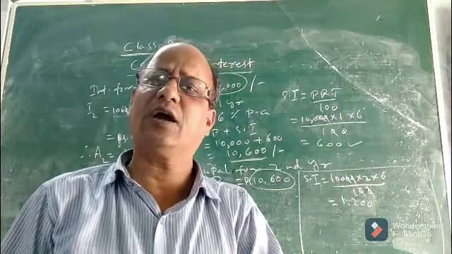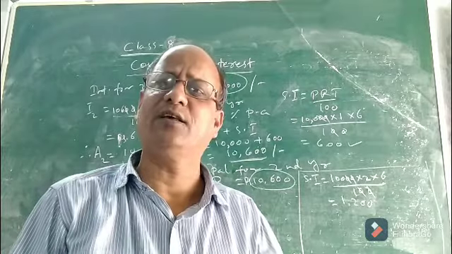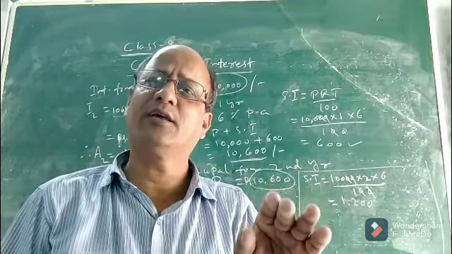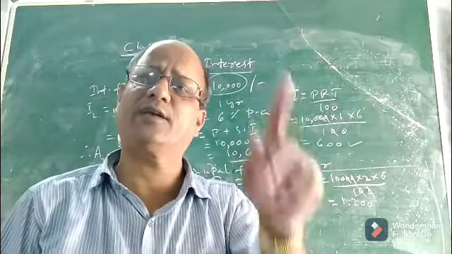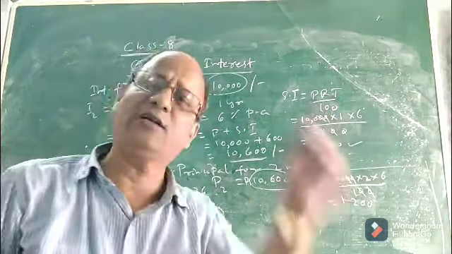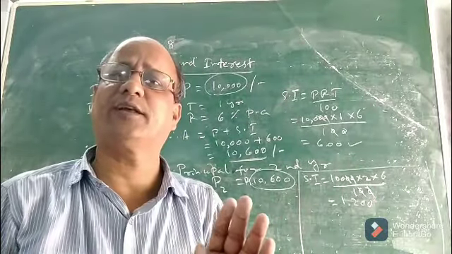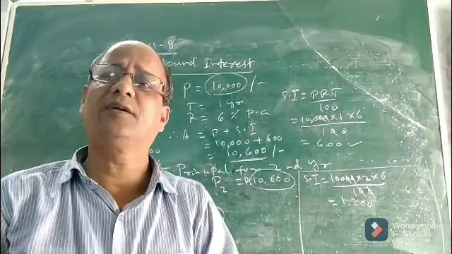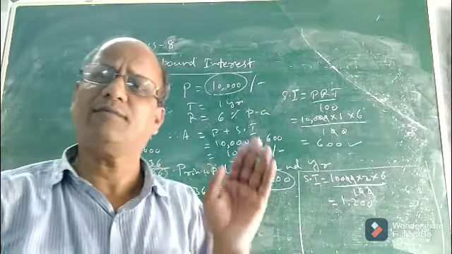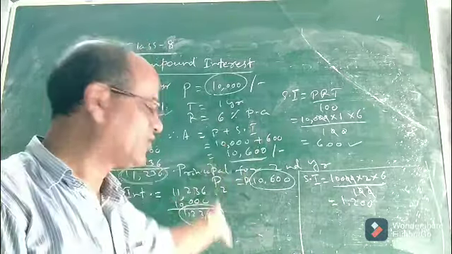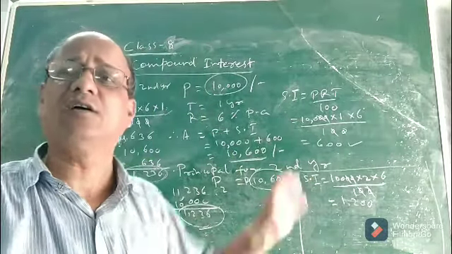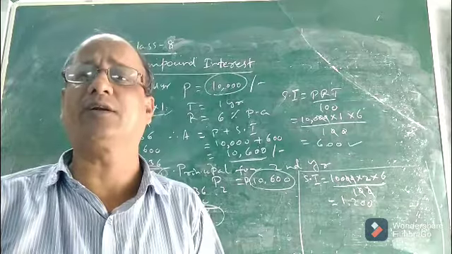Every year you calculate the interest, add it to the principal, and get the amount at the end of the year, which becomes the principal for the next year. Then again you calculate the interest for that year, add it to the principal, and get the amount for the next year. In this way it continues. Every year the principal will change. So this is the unitary method of calculating compound interest.